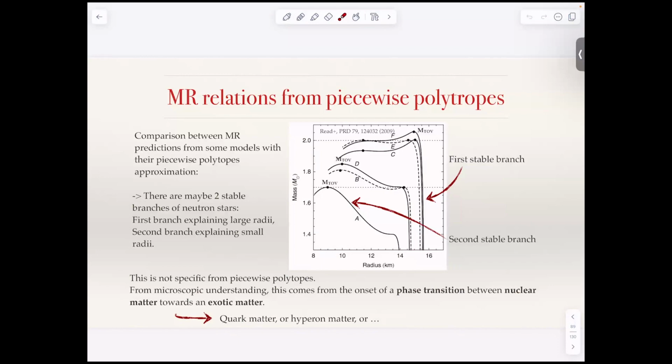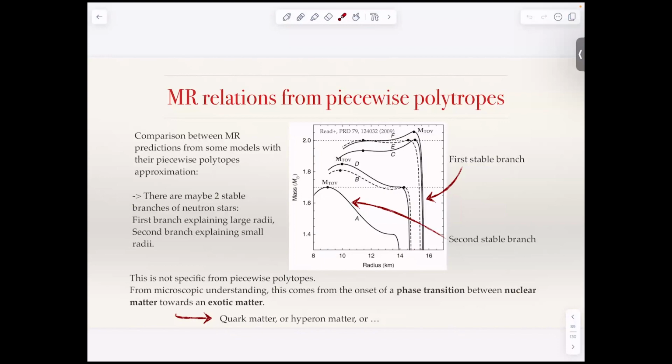So when you have a core collapse, you may experience a second branch and a phase transition. Here we represent a hydrostatic picture of what happens, but in reality it is hydrodynamical.